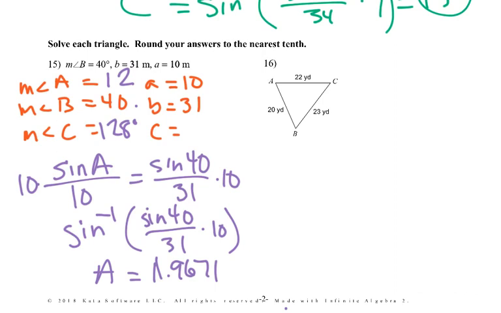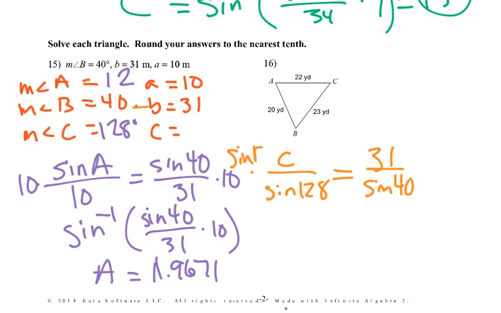Now we can find side C. So I go C over sine of 128 degrees equals, and I would start out with the connection we had to begin with. So 31 over sine of 40 degrees. Okay. Then we times by the sine of 128. Now notice we know both angles, so I'm not going to have to use the inverse sine.